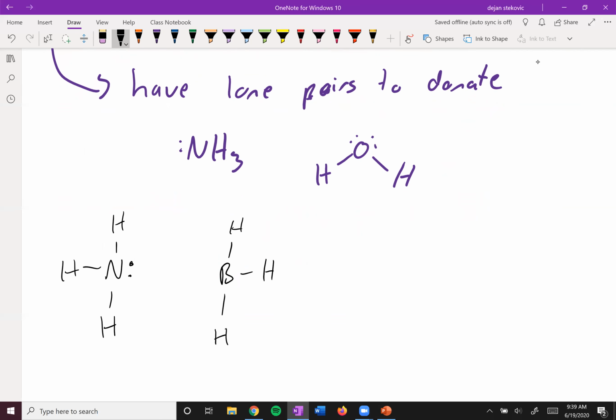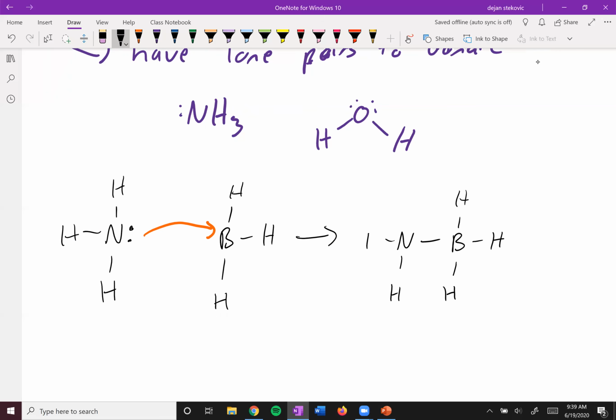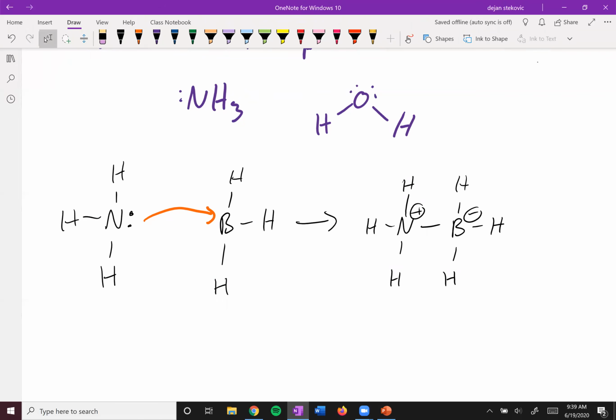So ammonia NH3 has this lone pair, and so it's going to donate it to this boron to form this Lewis base adduct. And so now this nitrogen has a positive charge and the boron has a negative charge.